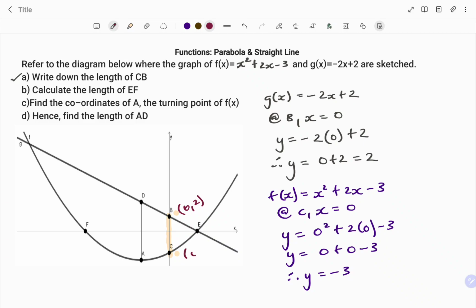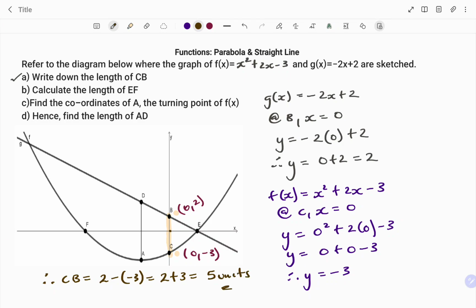Putting that in the diagram, we have 0, minus 3. So to find the distance CB, we have the distance from C to the origin, that's 3 units, and the second distance is 2. So between negative 3 and 2, we take the maximum minus the minimum. That's 2 plus 3, which is equal to 5 units.